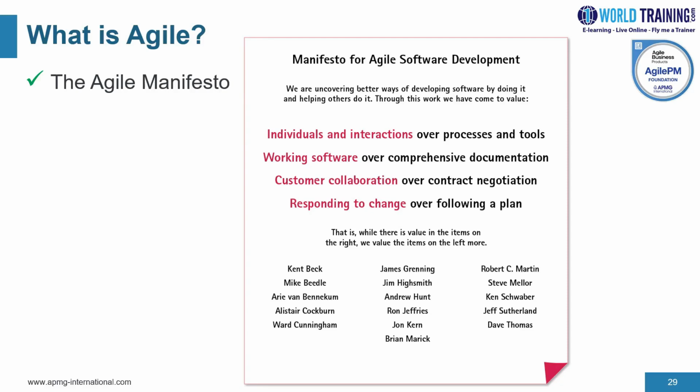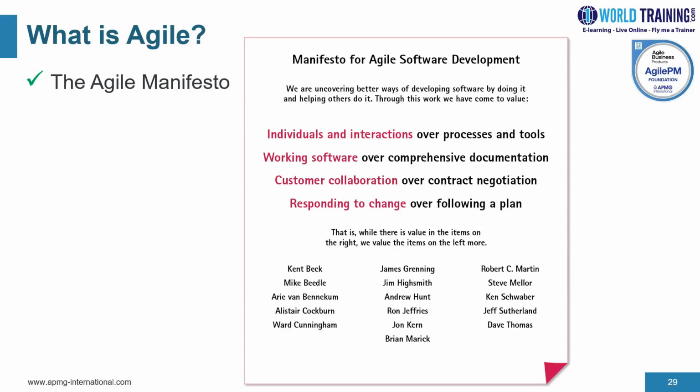We've got a few names at the bottom of the slide. We have Ari Van Bennekom. He's the man behind DSDM. And then we have Kent Beck, Ron Jeffries, Ward Cunningham, Bob Martin, Martin Fowler, and James Gwenning.